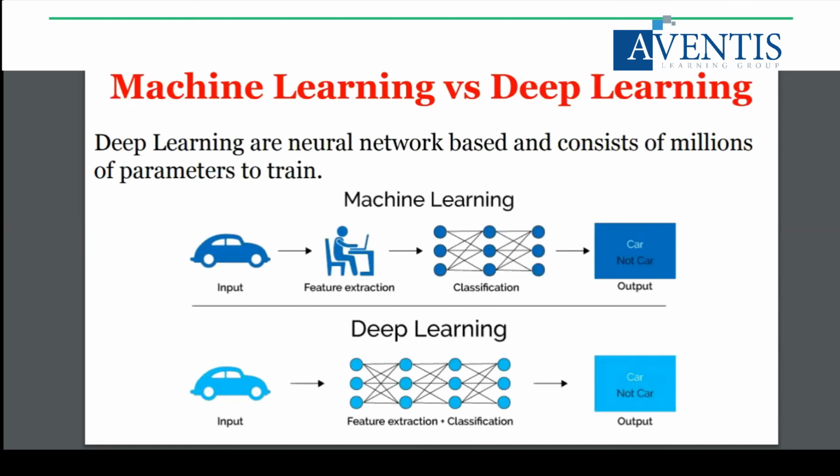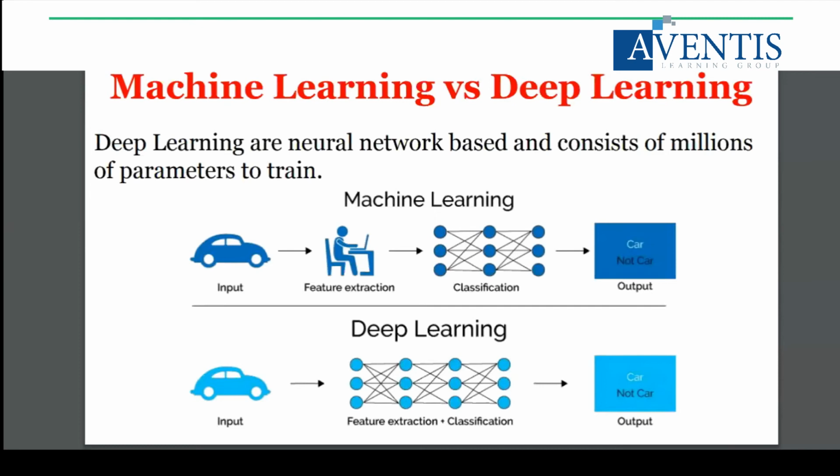The main difference is that deep learning can extract the most meaningful features from your data automatically. But previously, in any machine learning, they cannot extract the features automatically. You need to build your own features or select your own features before that model building.